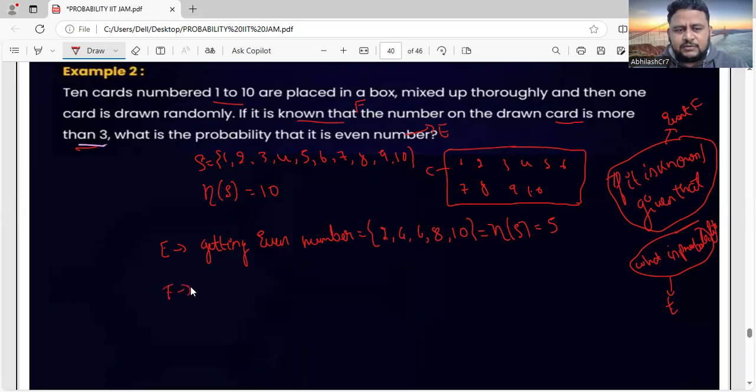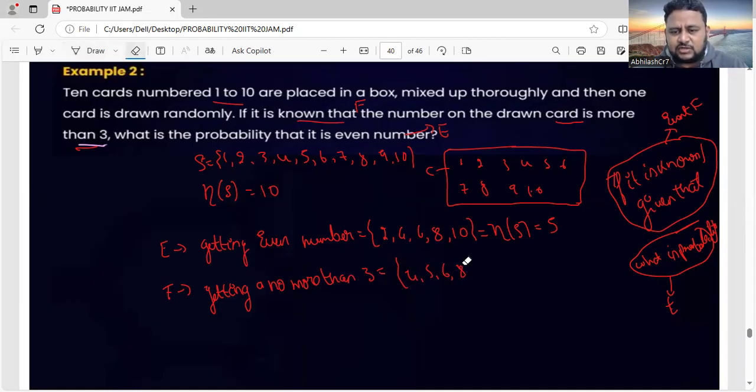Event F is talking about the number drawn on the card being more than 3. Getting a number more than 3 is not talking about even numbers. It means 4, 5, 6, 7, 8, 9, and 10.